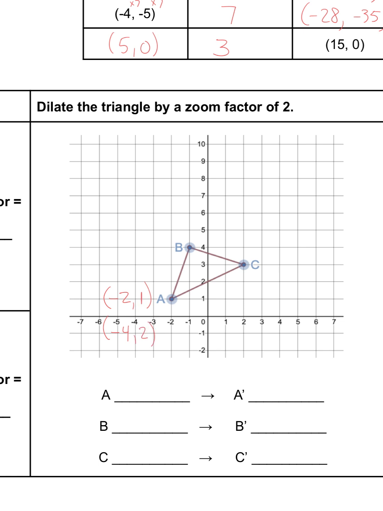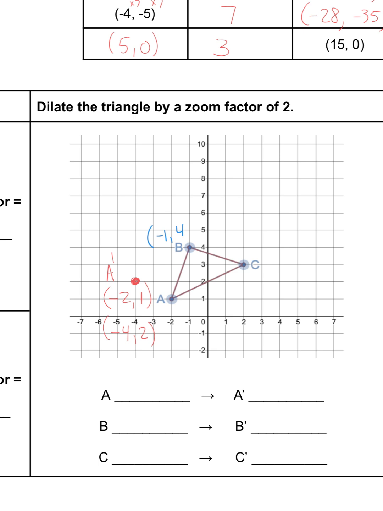So let's plot the new A. Negative 4, 2 will be right here. There's A prime. Alrighty, now let's try up at B. Okay, the original point B, that coordinate is negative 1, 4.